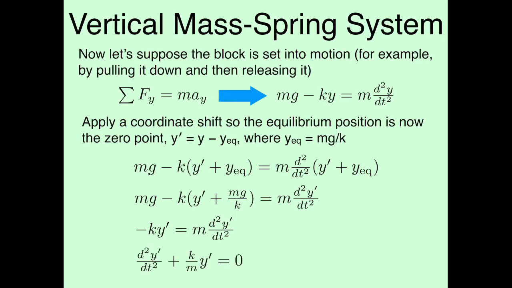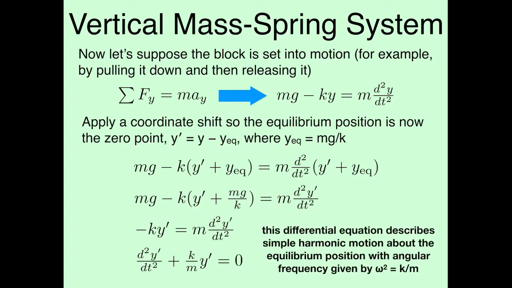So I can rearrange that by adding k times y prime to both sides and then dividing by m on both sides. I get the second derivative of y prime with respect to time plus k over m times y prime is equal to 0.